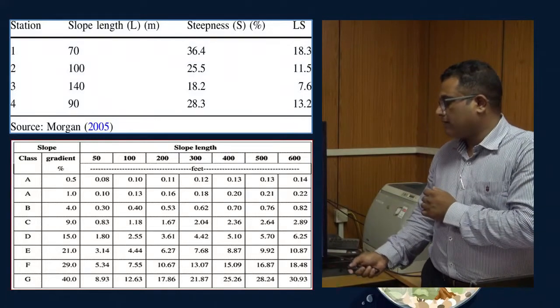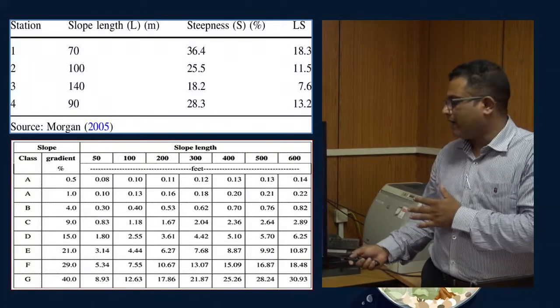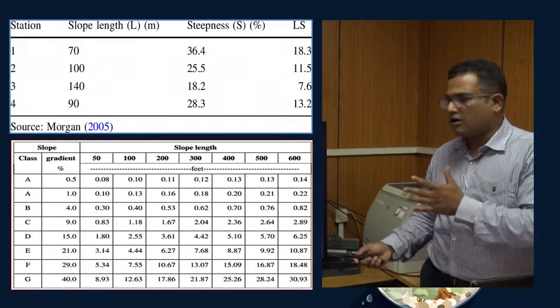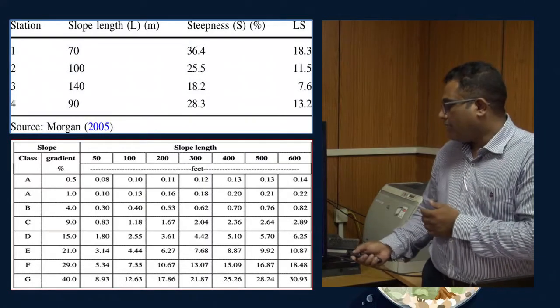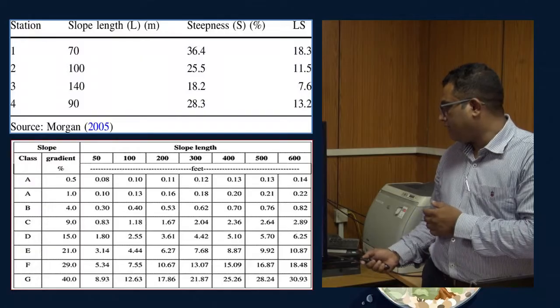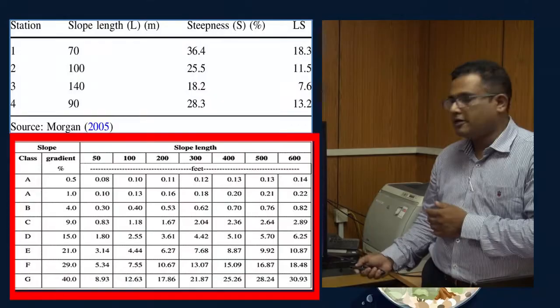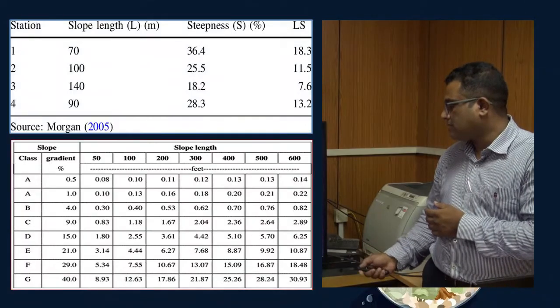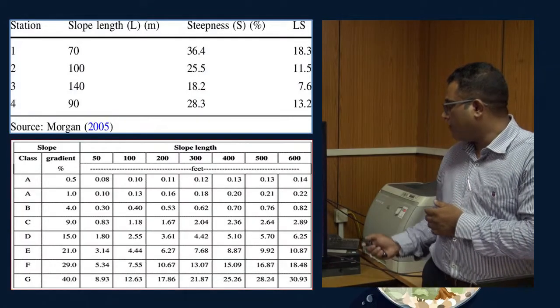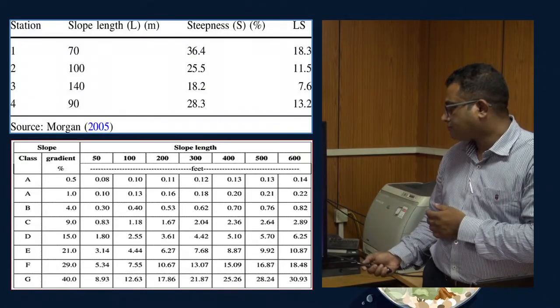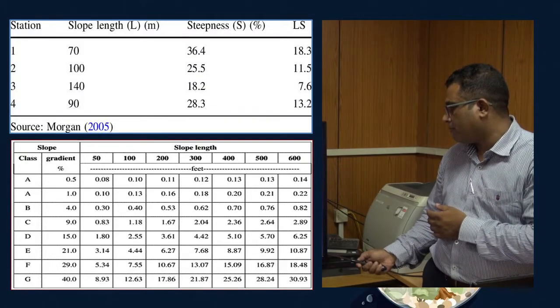So for normal agricultural field, you will have gradient like 0.5, 1, 2, 3, 4, up to 10, 15. And for 50 meter, this is in feet, we have to convert it in meters. Say 200 meters, say 4% slope. The value of LS will be, for 4%, 0.56.